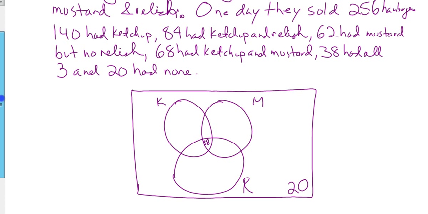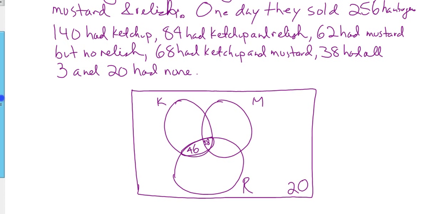Can we deal with that? So what's ketchup and relish? This has to total to 84. So we go 84 minus 38, which is 46, right?